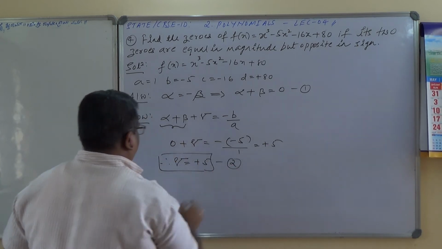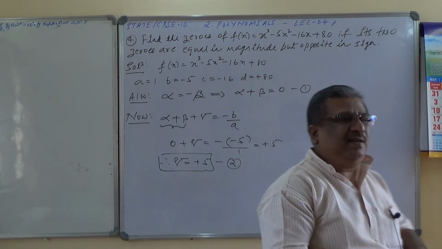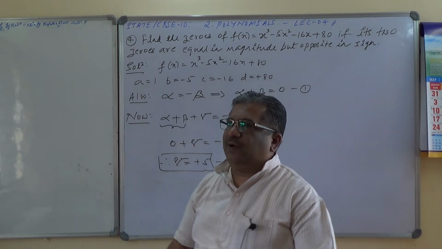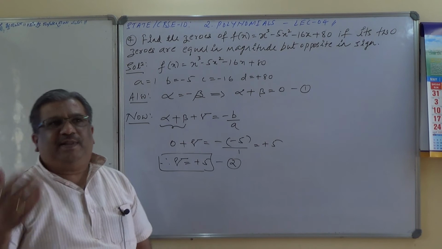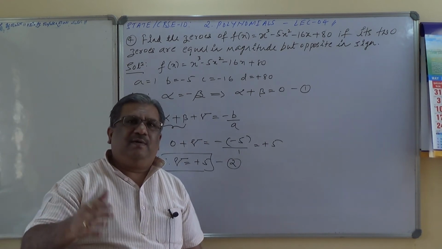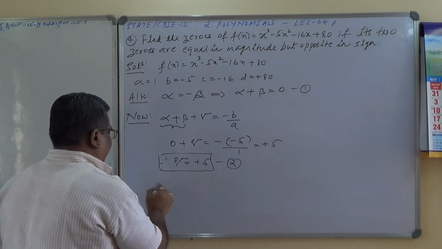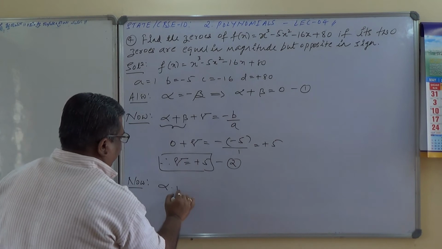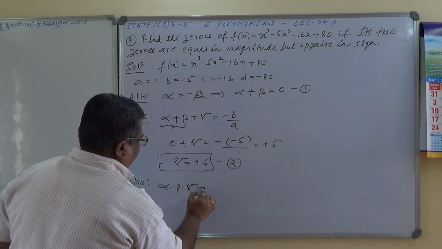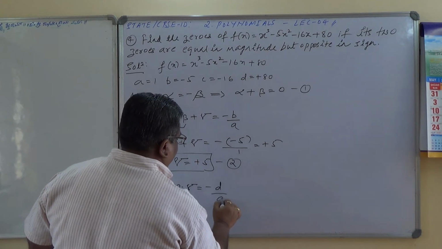Mark it as 2. Now, taking alpha, beta, beta, gamma, gamma, alpha, we are not comfortable. First, let me take alpha into beta into gamma. If I am able to get the solution, we'll try to find out that one. So now I'll write alpha into beta into gamma equals minus d by a.